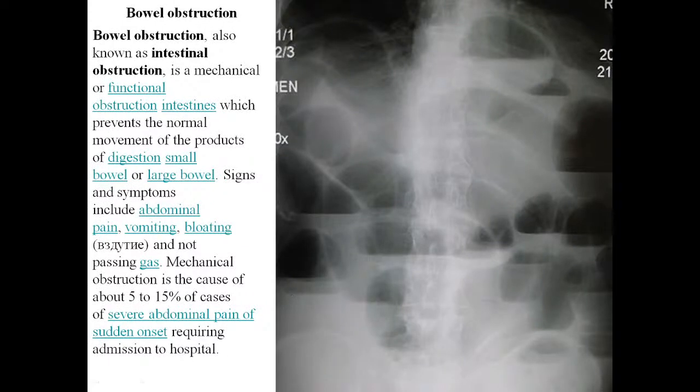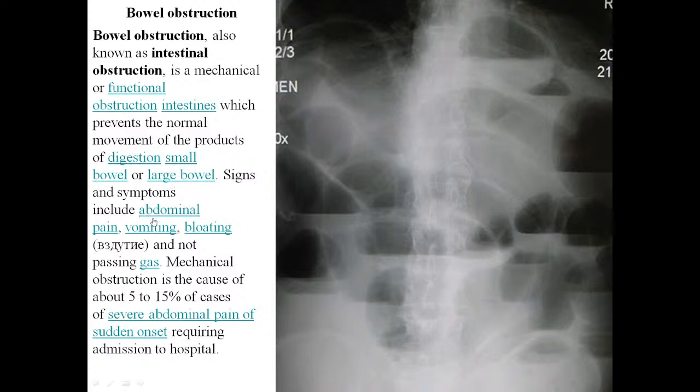Bowel obstruction, also known as intestinal obstruction, is a mechanical or functional obstruction of the intestines, which prevents the normal movement of the products of digestion, in the small bowel or large bowel.